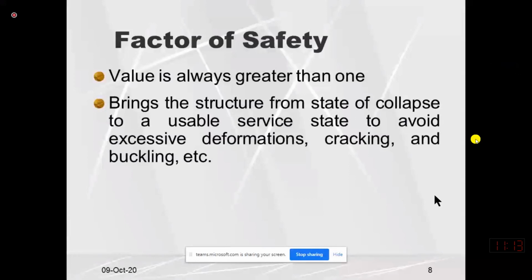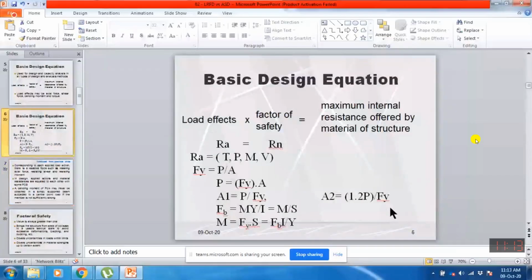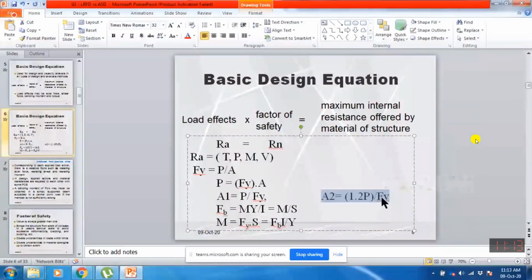So actually, when we are using the stress limit 250, let me explain from this previous equation as well. From this equation, let's suppose this. I want to rewrite this equation over here.